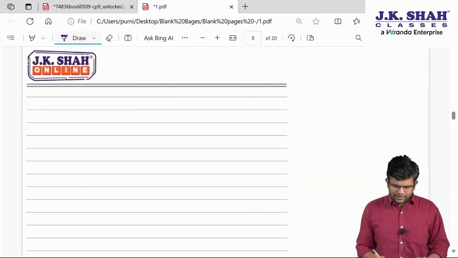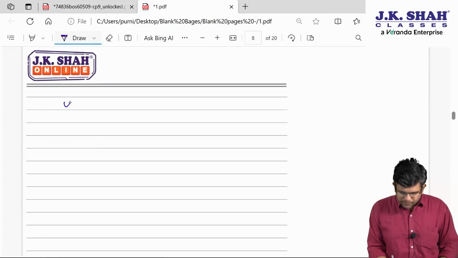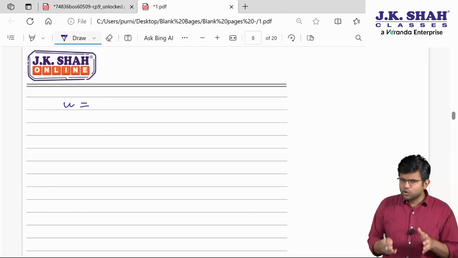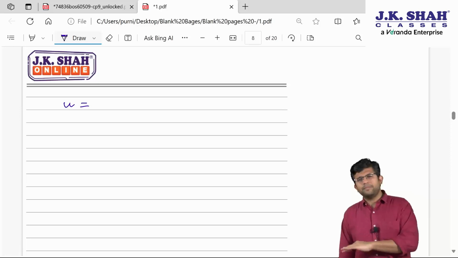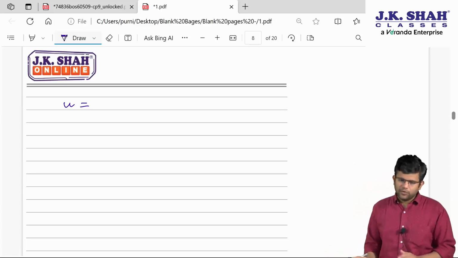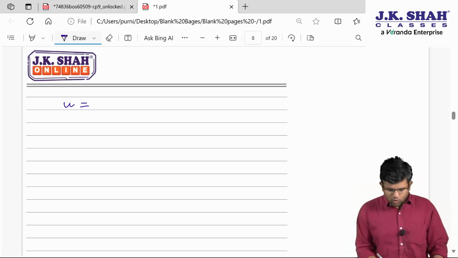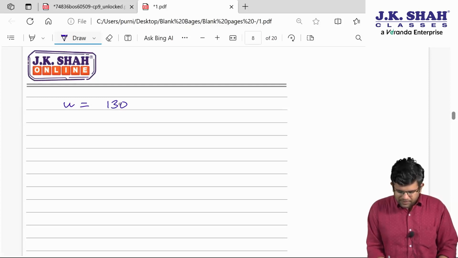Okay, so for that, I'll first of all tell you, the Institute also uses this model at some places, some other places it uses some other formula. Now see what I'm doing. U here will be 130 crore upon 100 crore, that is 1.3. D here will be 60 crore upon 100 crore, that is 0.6.